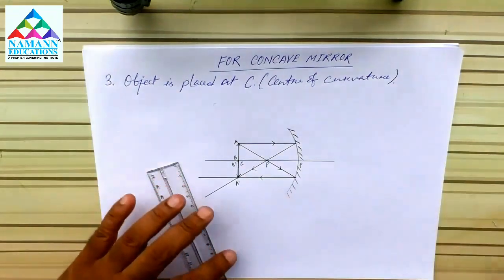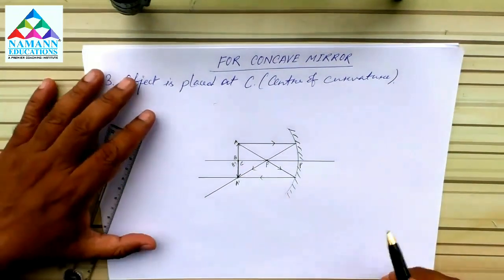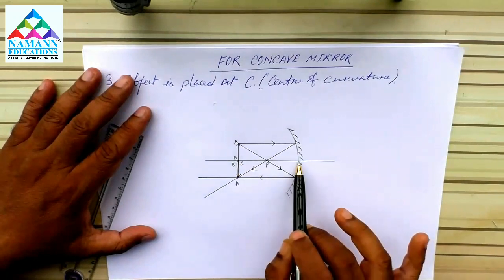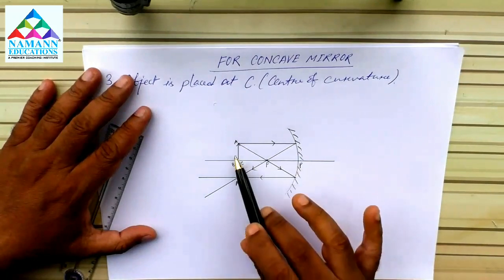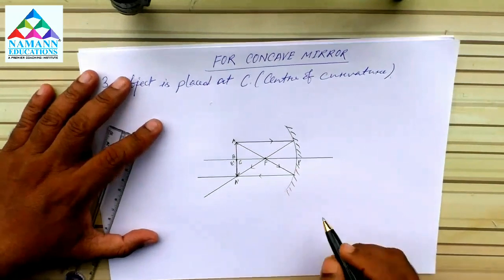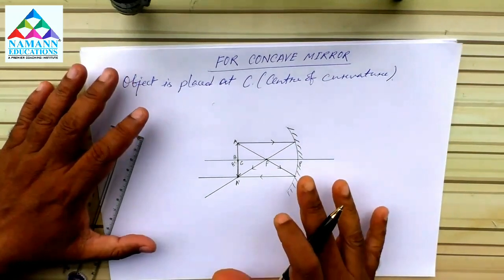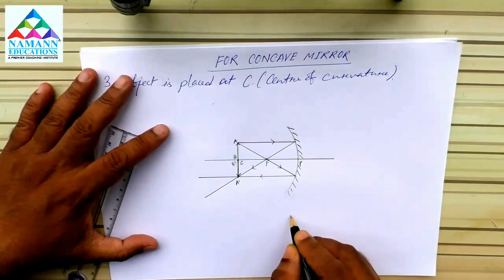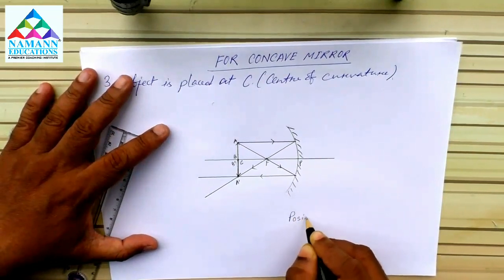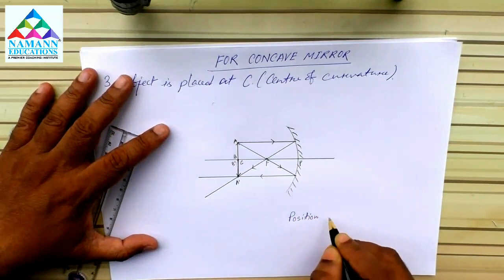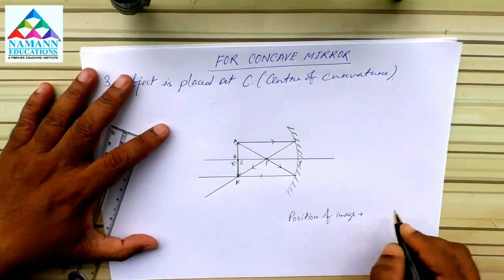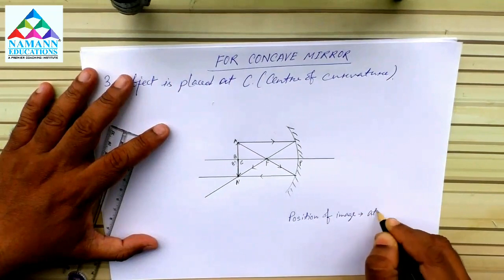In this particular diagram, some measurements are very important. I considered between C and P, it is 5 centimeter, and object size 1.5 centimeter. You can also draw for other measurements, that depends on you. Here, if I ask you what is the position of image, position of image is at center of curvature.